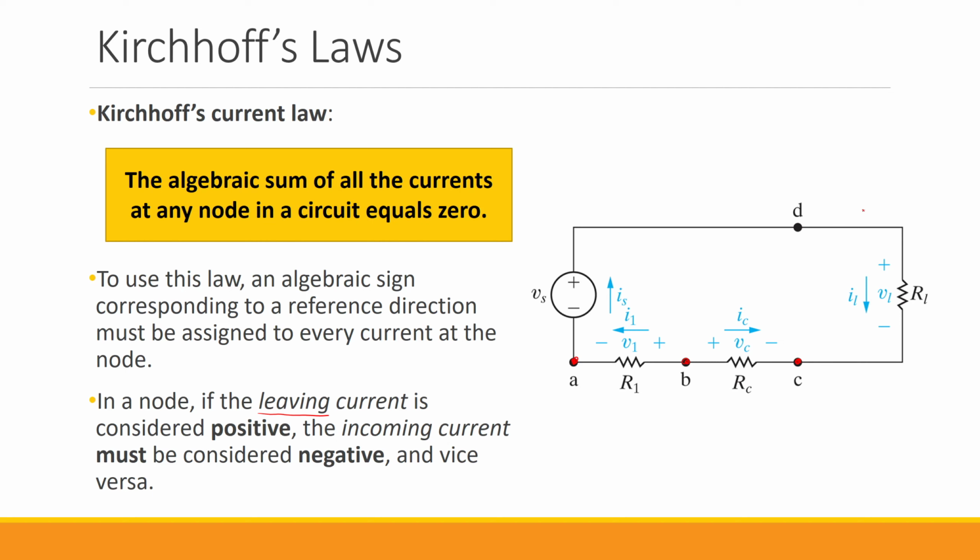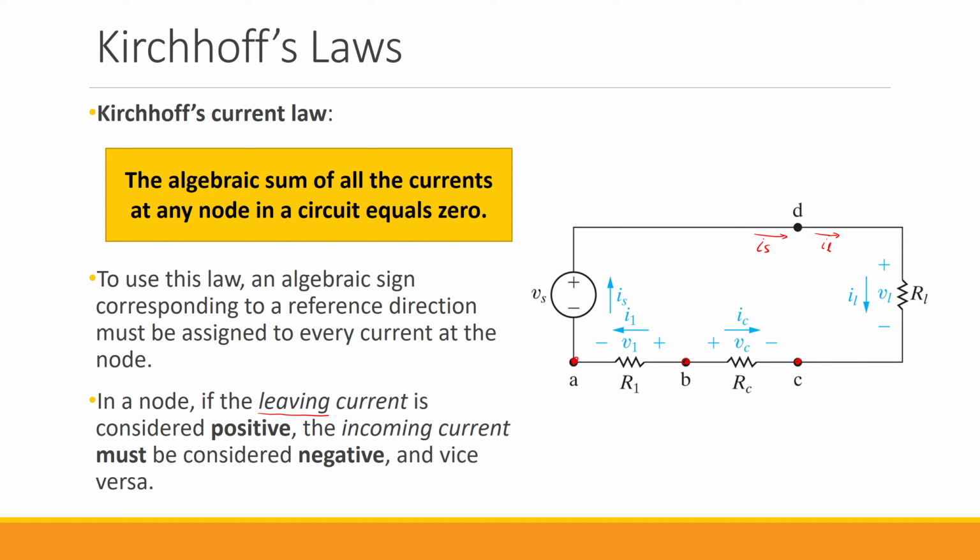So let's take a look at node D. At node D, we have IS coming from the left, and IL going toward the right. So IS is coming to the node, and IL is leaving the node.